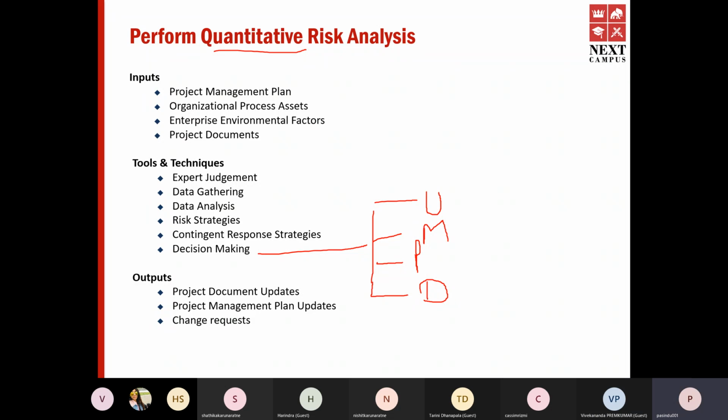Good question. So risk response planning happens throughout the project. It does not only happen at the beginning of the project. Let's take an example. Let's say you're doing a project for 2 years. At the beginning of the project, you might know certain risks. You might say, okay, this is a new technology, I don't have expertise. So you have certain risks you identified.